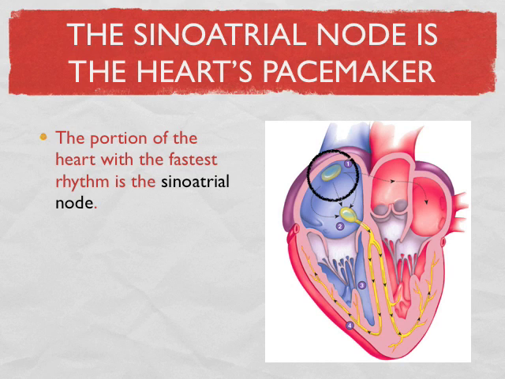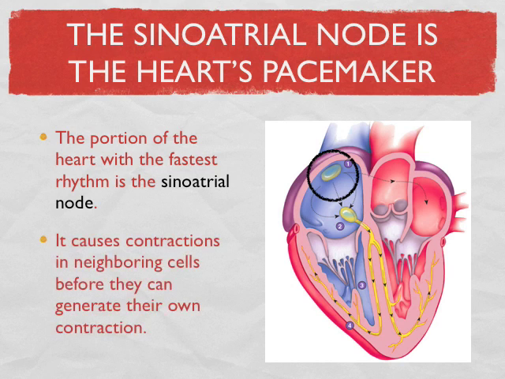And so they don't really have time to generate a chaotic rhythm before the sinoatrial node has begun a rhythmic pulse for each heartbeat. So it's a little tough to describe how that works, but let's just say that this sinoatrial node is the pacemaker of the heart.